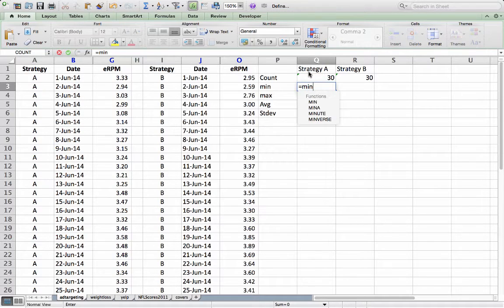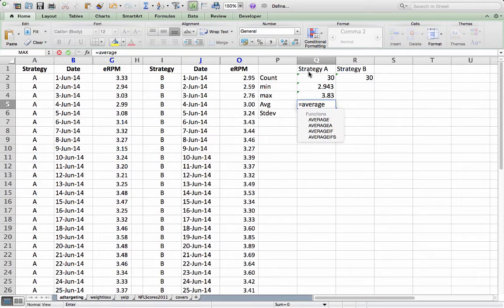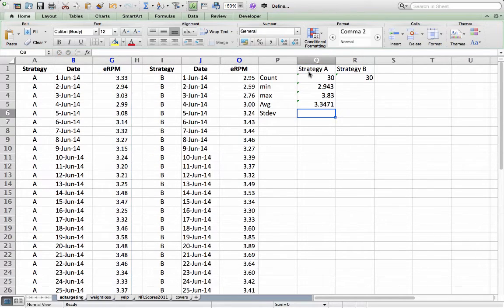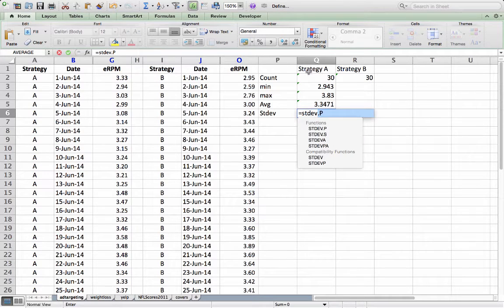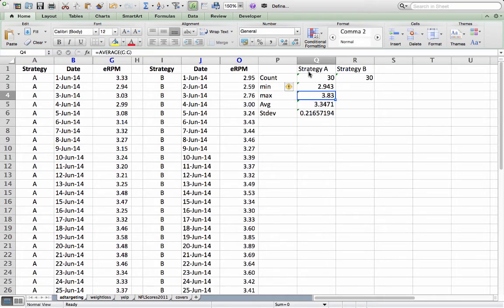And then the min of G, the max of G, the average of G, and the standard deviation of G. And we'll just do that for strategy B as well, right?